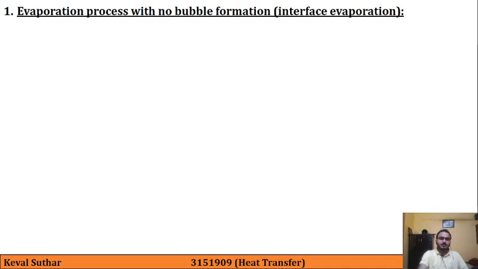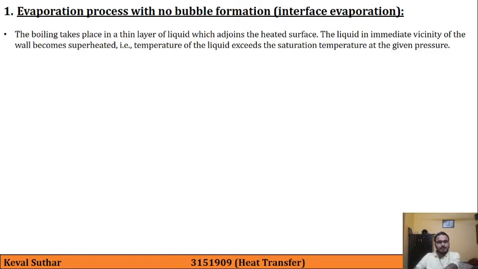First is the evaporation process with no bubble formation, also known as interface evaporation. Here the boiling takes place in a thin layer of liquid which adjoins the heated surface. We are now discussing the interface evaporation. Here the liquid in the immediate vicinity of the wall becomes superheated.